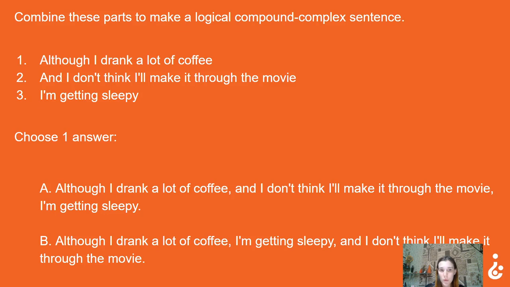A, although I drank a lot of coffee, comma, and I don't think I'll make it through the movie, comma, I am getting sleepy. And B, although I drank a lot of coffee, comma, I am getting sleepy, comma, and I don't think I'll make it through the movie. Okay, don't forget to put pause.